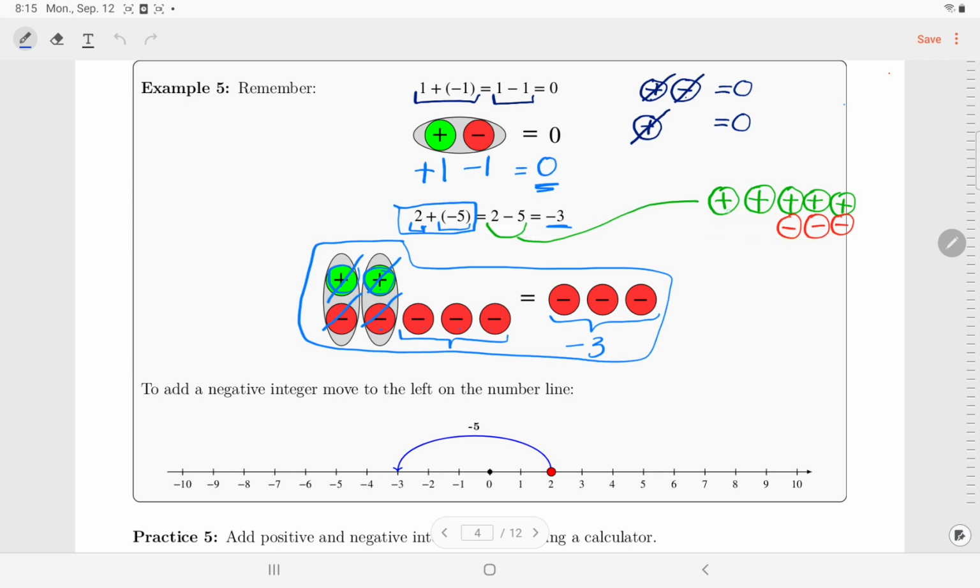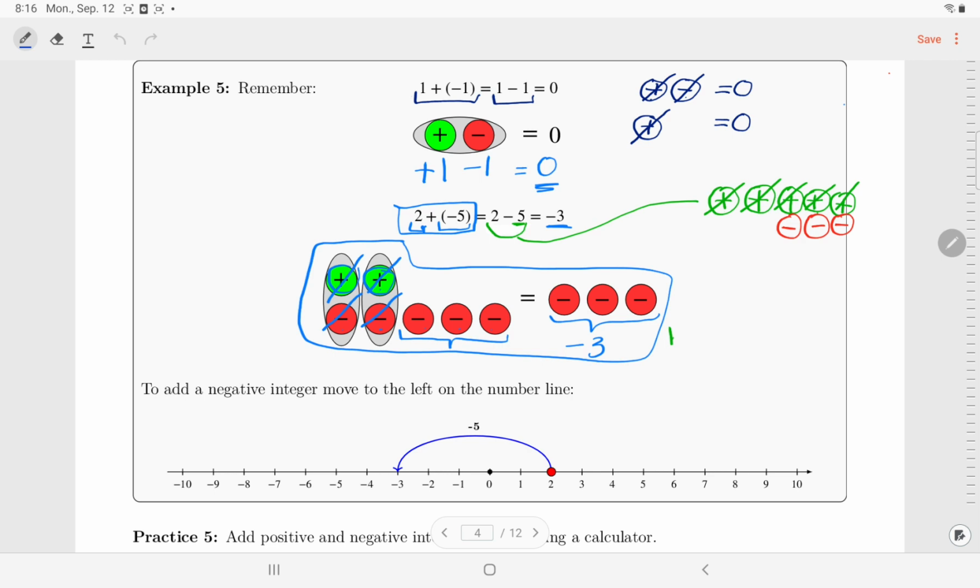Now we have 5 pluses, so we can remove 5. 1, 2, 3, 4, 5. We are left with negative 3. So this is just another way to show 2 minus 5, which is the same as 2 plus negative 5.